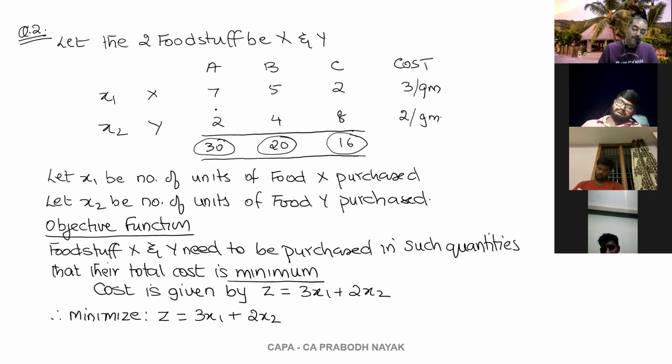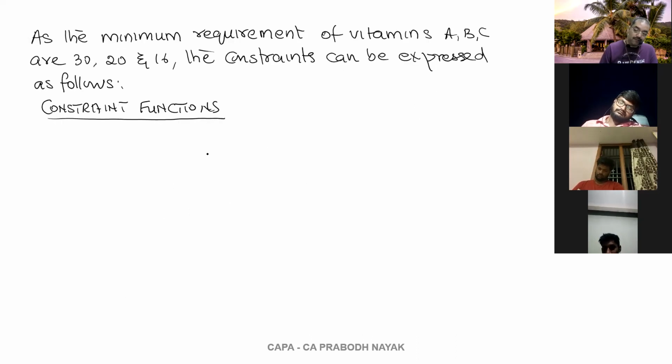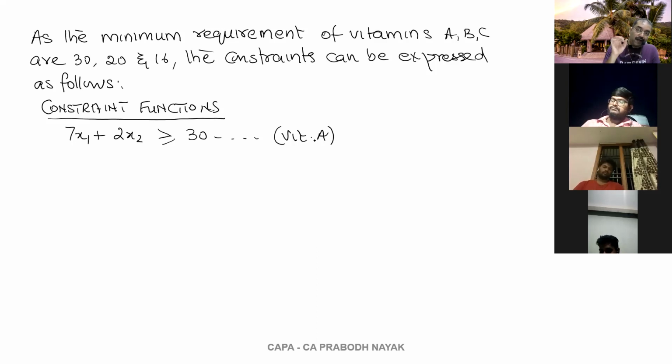First constraint, 7 into x1 plus 2 into x2 should be greater than or equal to 30. This is for vitamin A. In brackets, you write what the constraint is for.